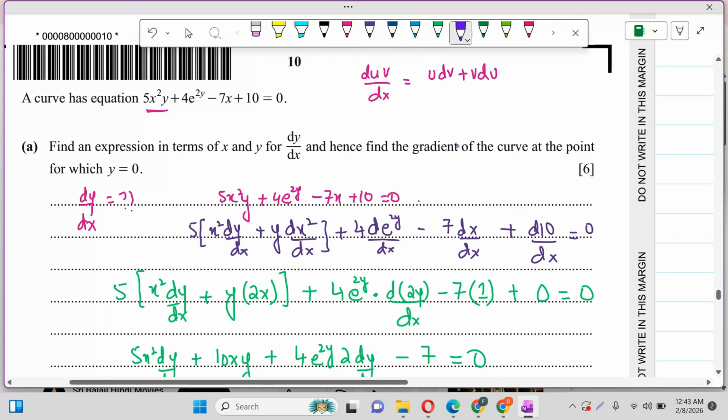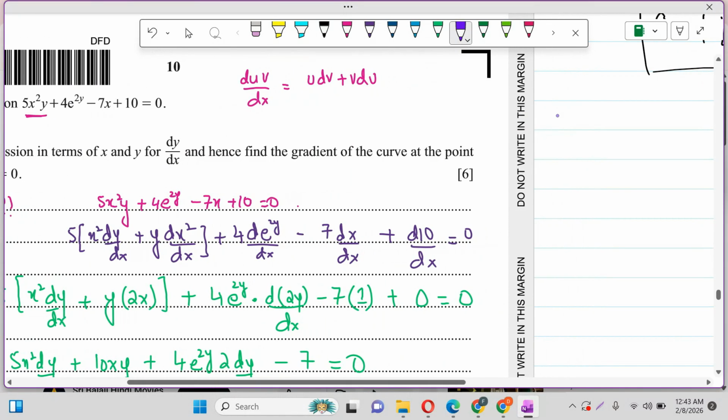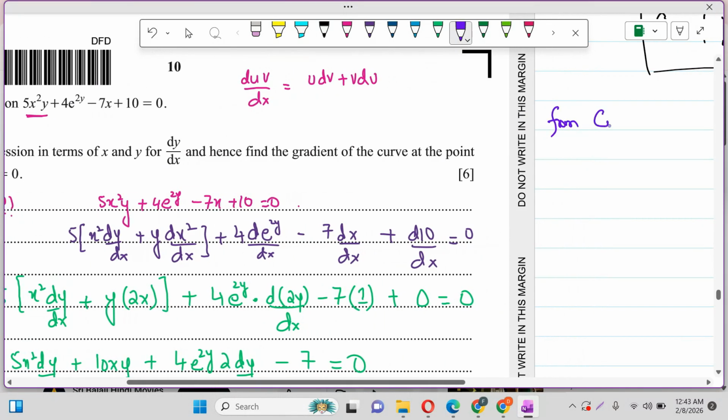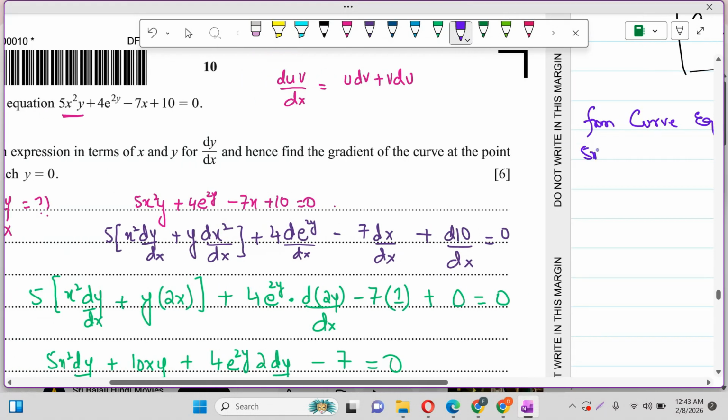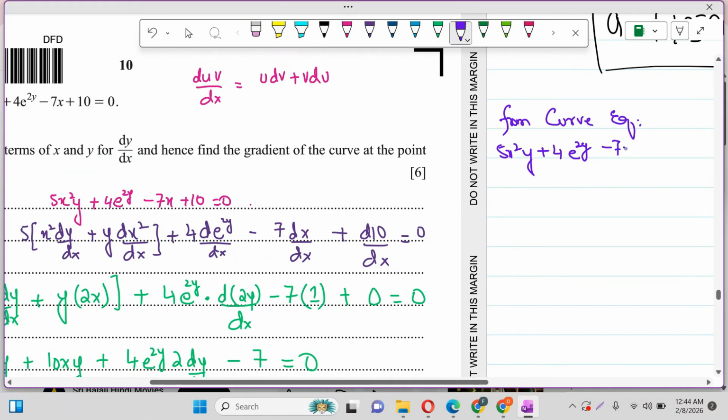Now we need to find the gradient of the curve at the point when y is equal to 0. So we need to find the point where this curve has y equal to 0. First we find the x coordinate of the point where this curve has the y coordinate 0. From the curve equation, we have 5x squared y plus 4 exponential of 2y minus 7x plus 10 equal to 0.